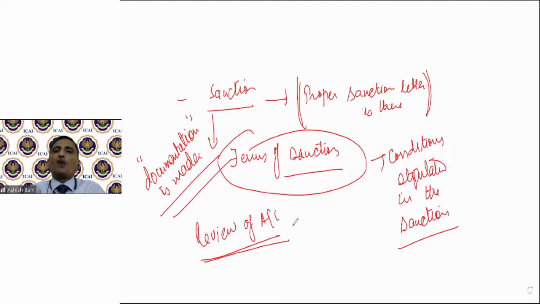So say if some borrower is requesting some temporary facilities for a few days, what does it reflect? It reflects that either credit appraisal was not done properly, that the requirement of the borrower was not assessed properly at that time, or the borrower is not maintaining financial discipline. He is not able to run his business in accordance with his requirements. Okay, so all these things need to be evaluated.